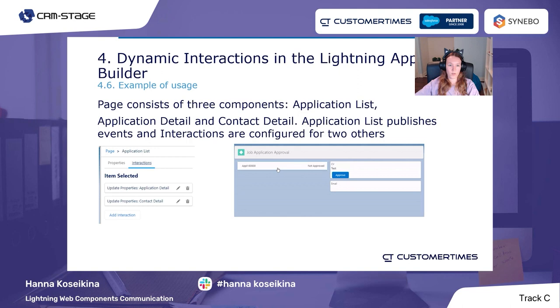That means that if I click on an application list, it publishes the event, and then as an admin, I configured interactions to update properties on application detail and contact detail so that those two components get the data and it gets displayed on the page.